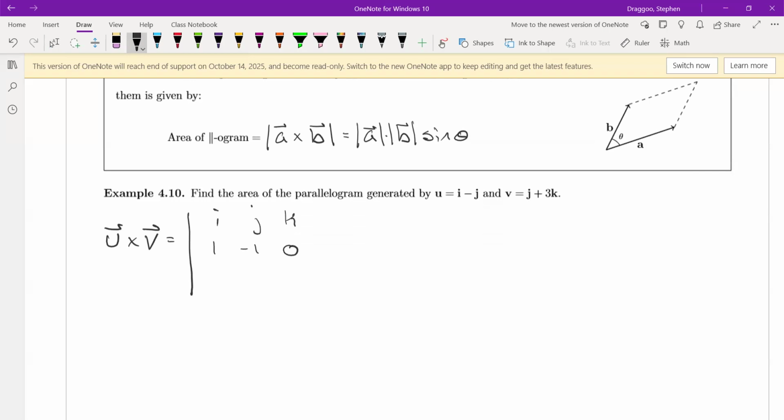And V is 0, 1, 3. So I'll write those together. And let's see if I can do a better job of writing out what my cross product is going to look like. Again, for I, I'm going to take this small subset. So -1 times 3 is -3 minus 1 times 0, which is 0.